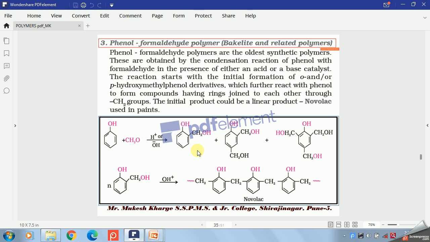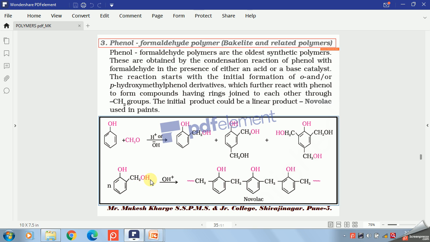That reacts with phenol and forms compounds having a ring joined to each other through CH2 group. So n number of molecules of this compound react together.